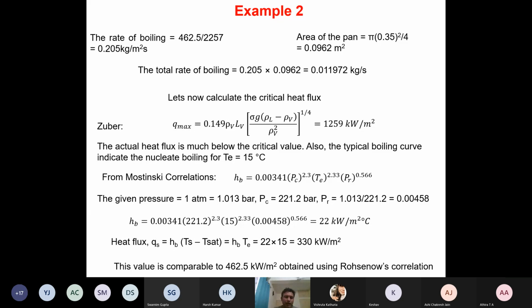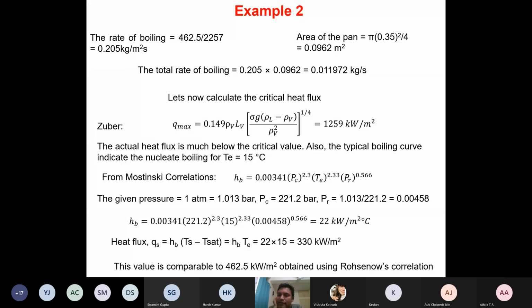So if you multiply 0.0111972 into 3600, you are going to get the rate of vaporization per hour, isn't it?